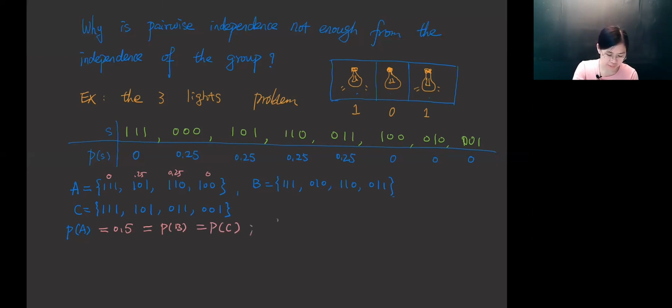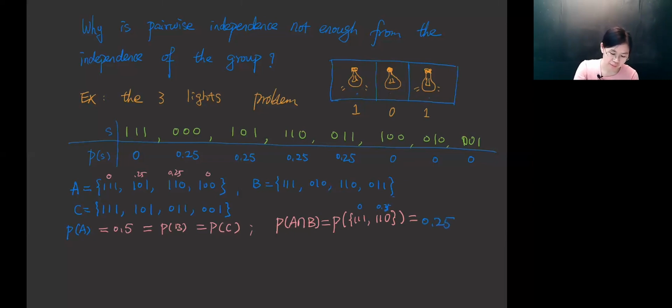Now, what about the probability of the intersection of A and B? The intersection of A and B includes the elements 1, 1, 1 and 1, 1, 0. And that has probability 0.25, because 1, 1, 1 has probability 0 and 1, 1, 0 has probability 0.25.